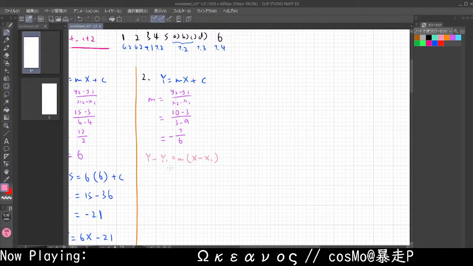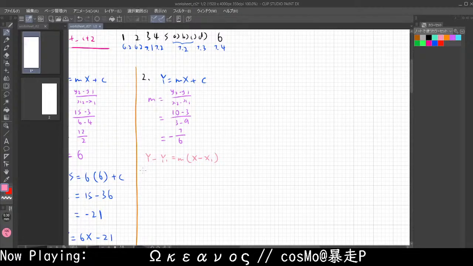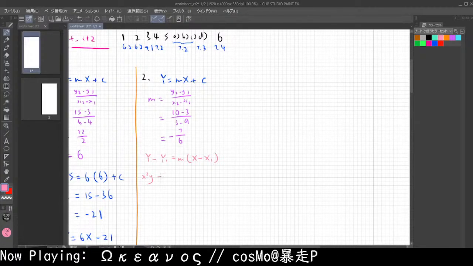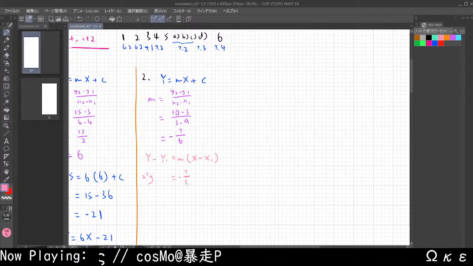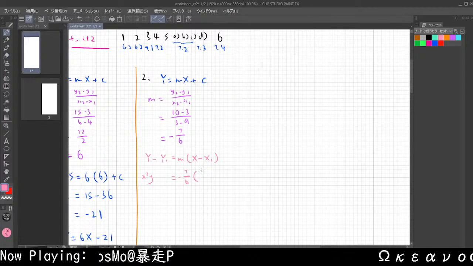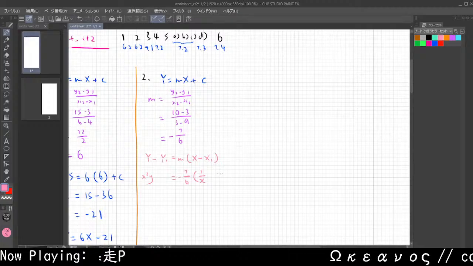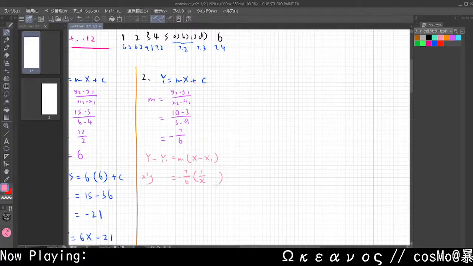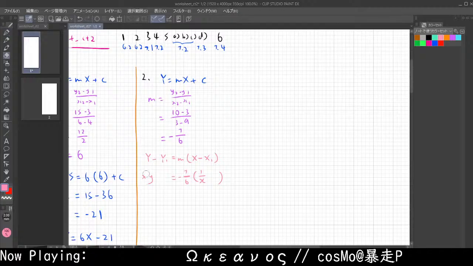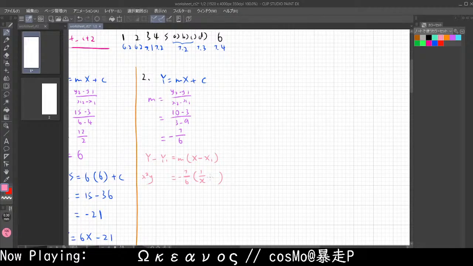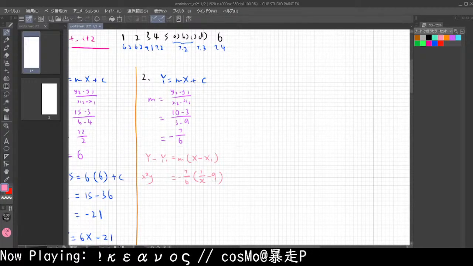So in this case, what I'm going to do is as follows. The capital Y in this case is x squared y, and then your m is negative 7 over 6. The capital X in this case is 1 over x. Okay, then let's choose the point. Let's say I choose 9, 3. So my 9 is my capital X, so x1.